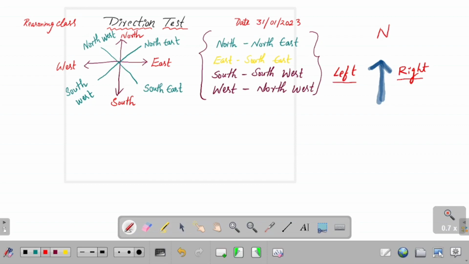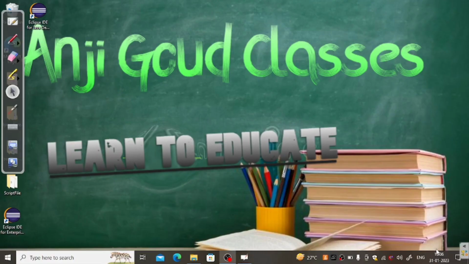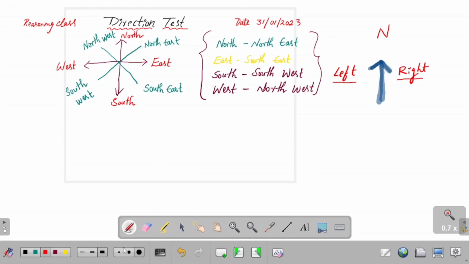Moving to the next one. We take one more arrow. Now the arrow is in the south direction. So this is south.